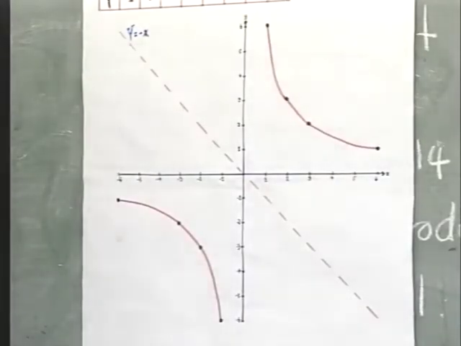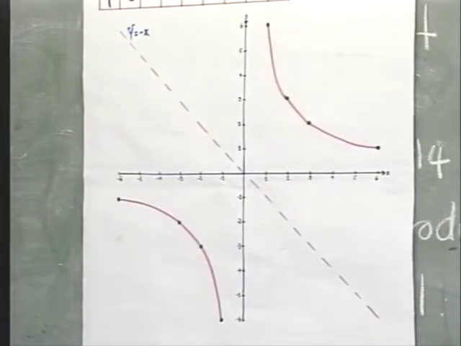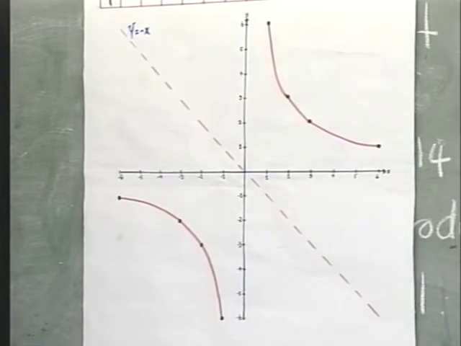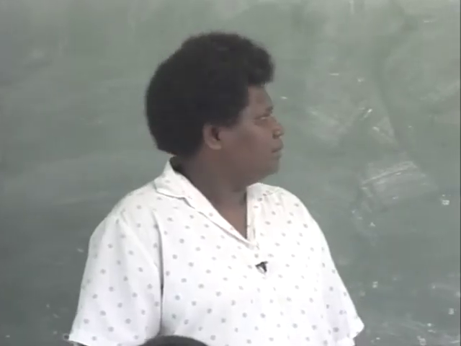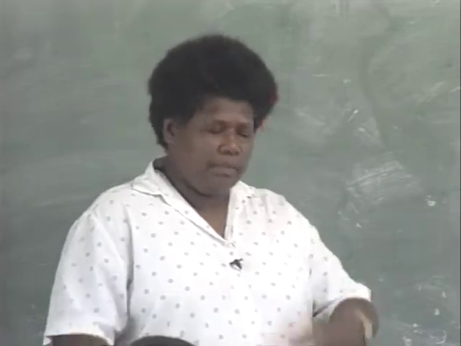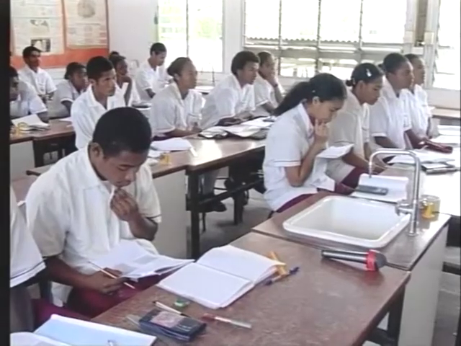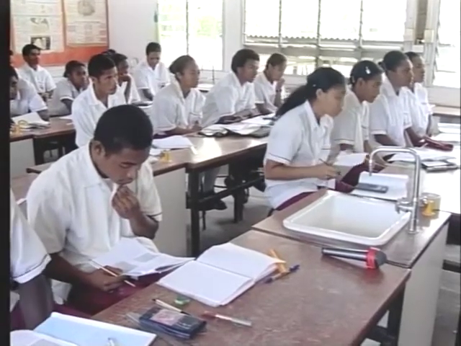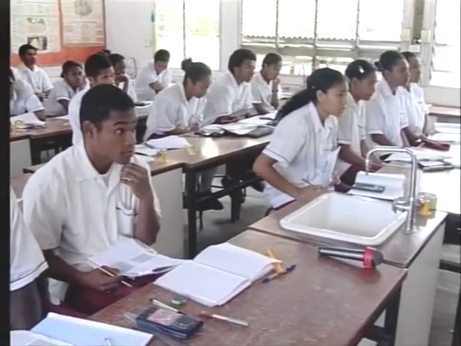Now, why isn't there an x-intercept? Why isn't the graph touching the x-axis? Any idea? Okay, let me just rephrase the question again. When does the graph touch the x-axis?